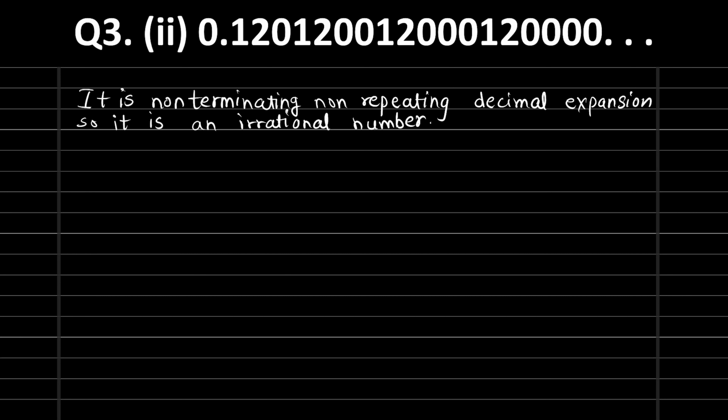We don't have certain digits which keep on repeating over here. So therefore, we will say that it is a non-terminating, non-repeating decimal expansion, and hence all the non-terminating, non-repeating decimal expansions are irrational numbers. So there is no point of expressing it in the form of p by q, and we don't need to worry about the prime factors of q.